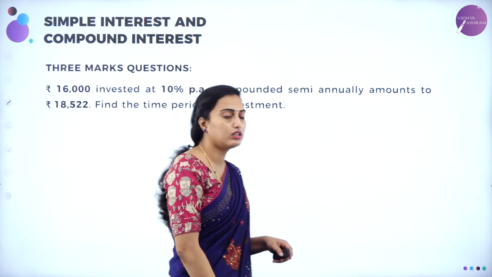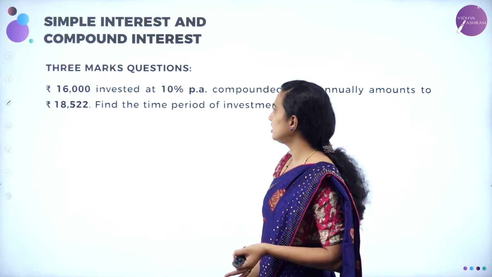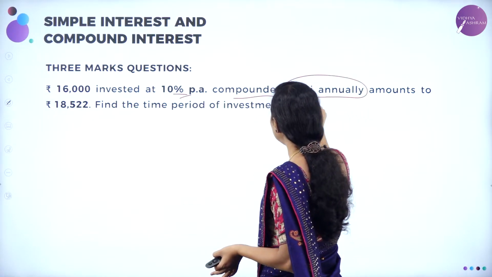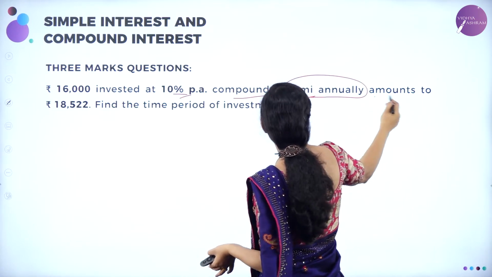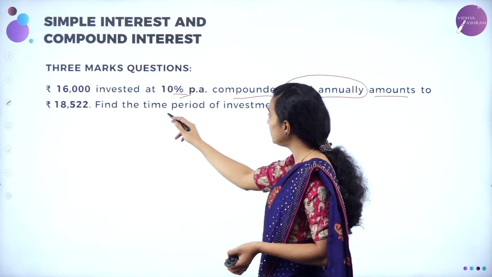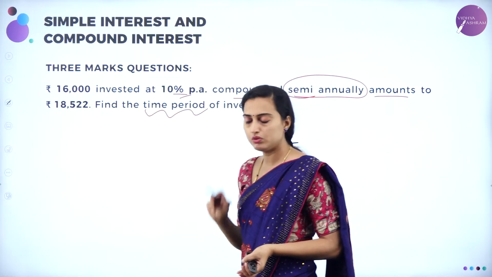What they have asked here: rupees 16,000 invested at 10% per annum, compounded semi-annually, semi means half, amounts to 18,522. Find the time period N of investment. Let me use this one.